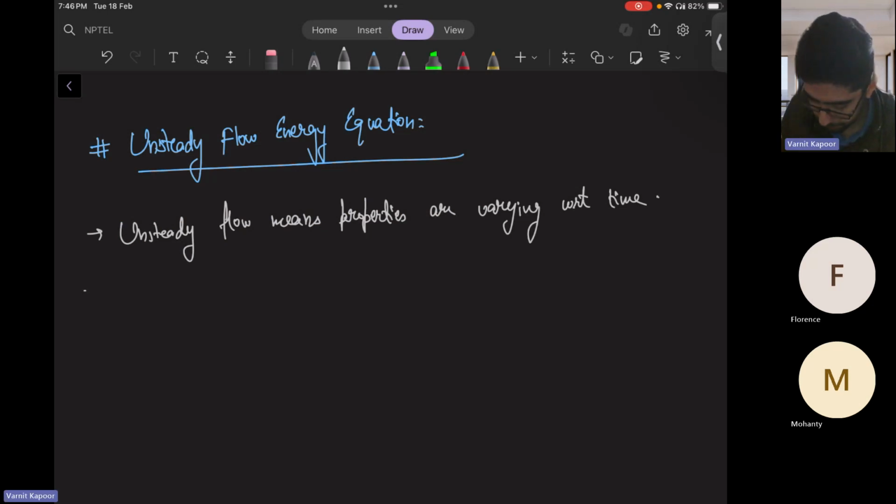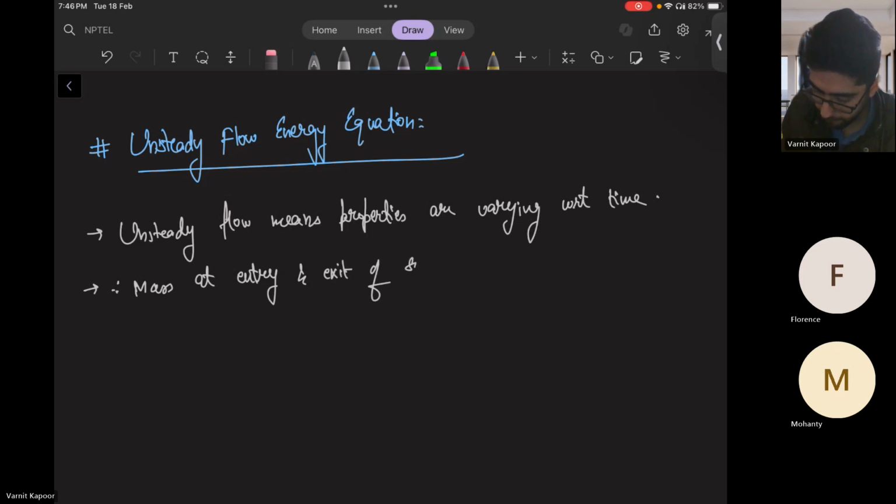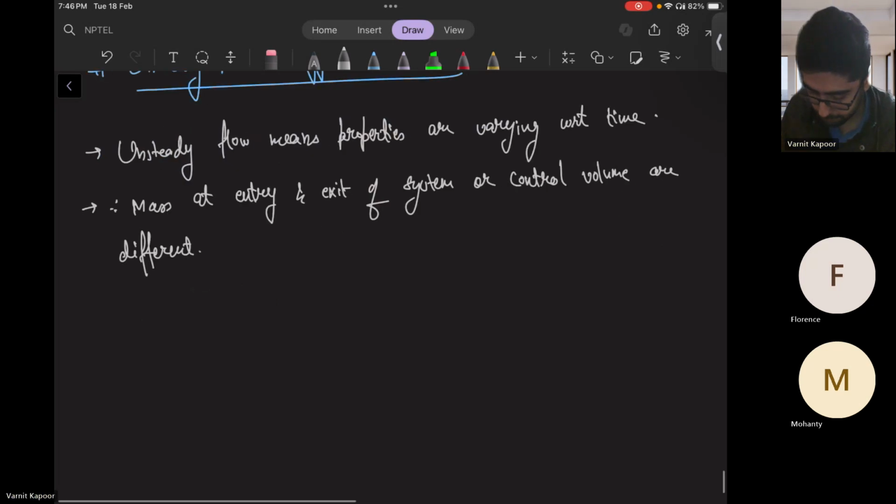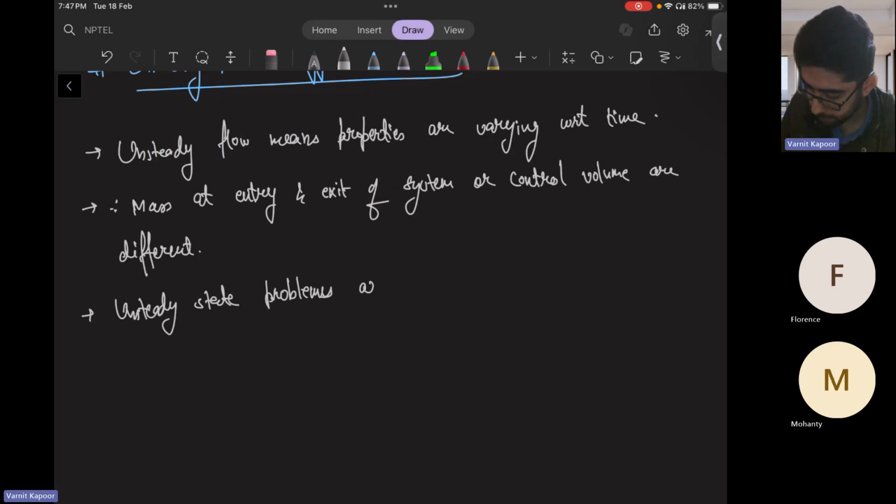Therefore, mass at entry and exit of the system or control volume are different, and unsteady problems are solved by using two conservation principles.